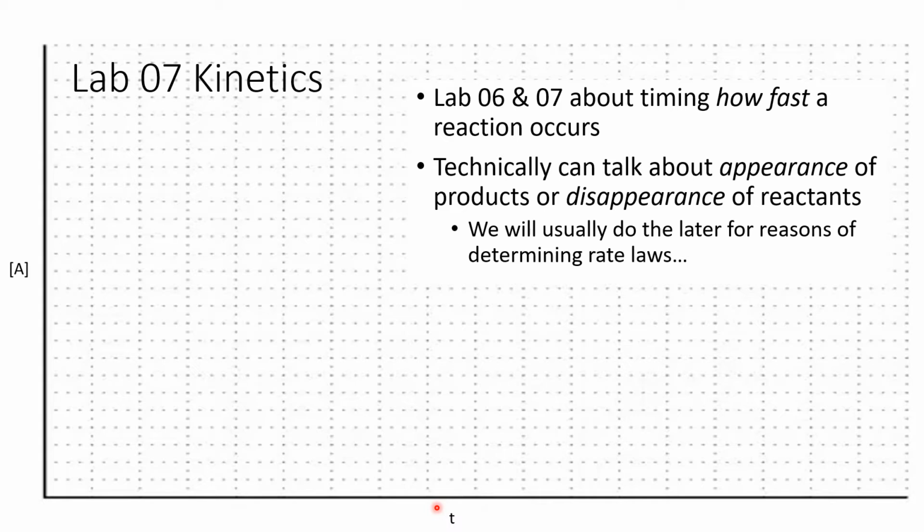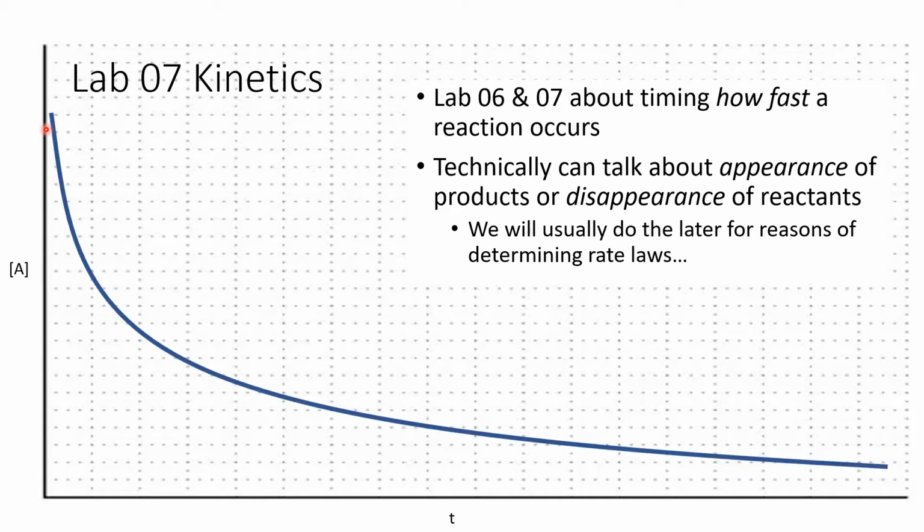So we're going to talk about a concentration versus time space here, where we might say, like say we start out with a lot of reactant. We might be able to watch that reactant as it decays through the process of a reaction over time. And so the concentration is going down over time. That's what we're going to be talking about tracking when we're talking about the change in concentration over time.